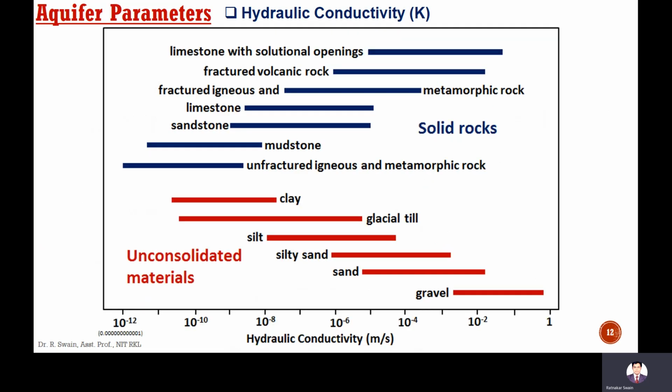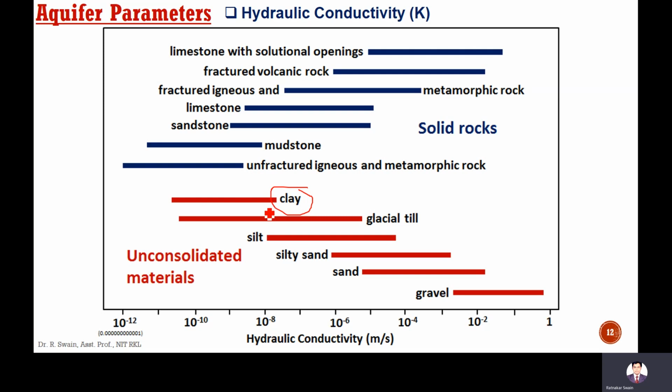Next is the hydraulic conductivity of different materials: gravel, sand, silt, glacial till, clay. You can see the clay hydraulic conductivity is very low. Its porosity is more, and its water retaining capacity is more.